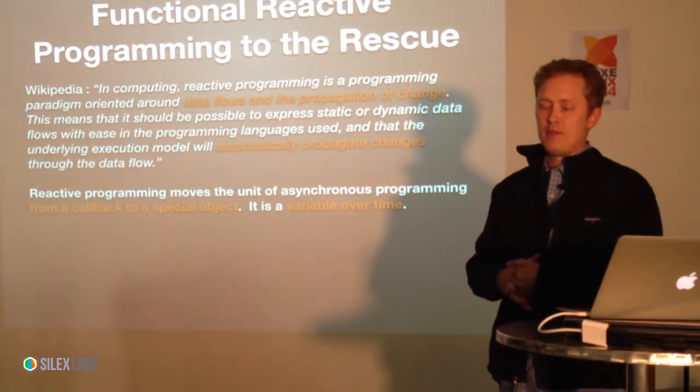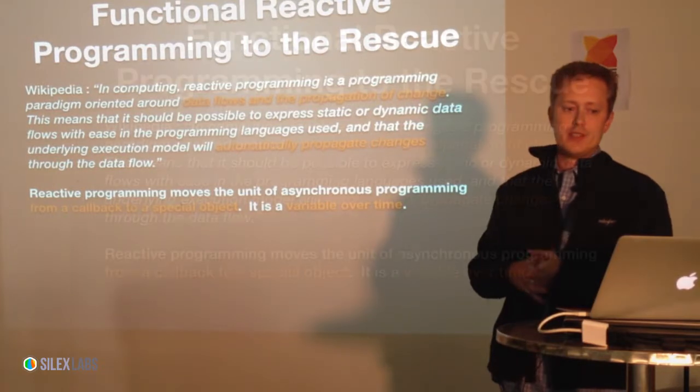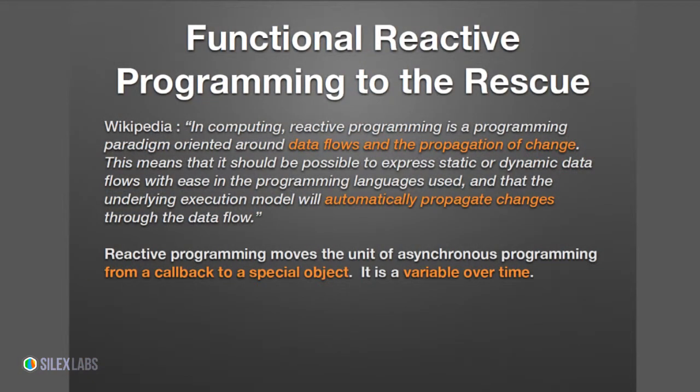So I really think the solution is reactive programming and different techniques. It's basically the principle of data flows and propagation of change. I'm just cribbing from Wikipedia here. You want to have the ability for changes to propagate.